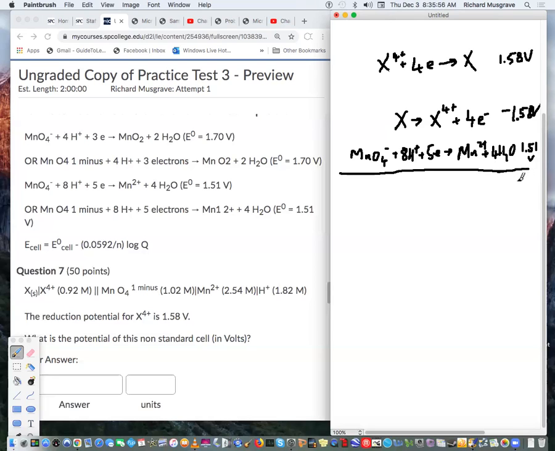Now the total there is going to be negative 0.07 volts, and that's going to be E naught cell.